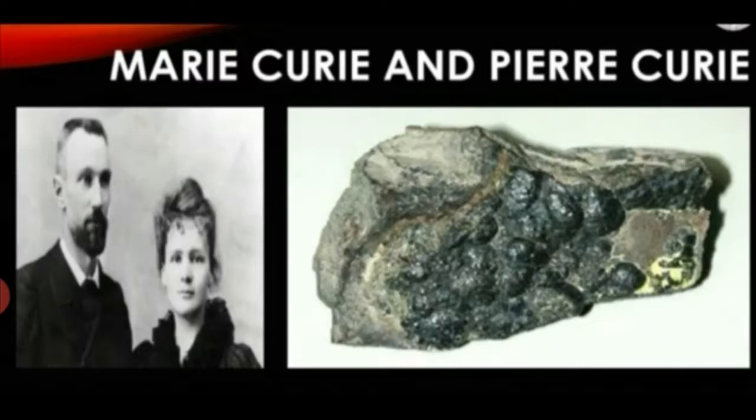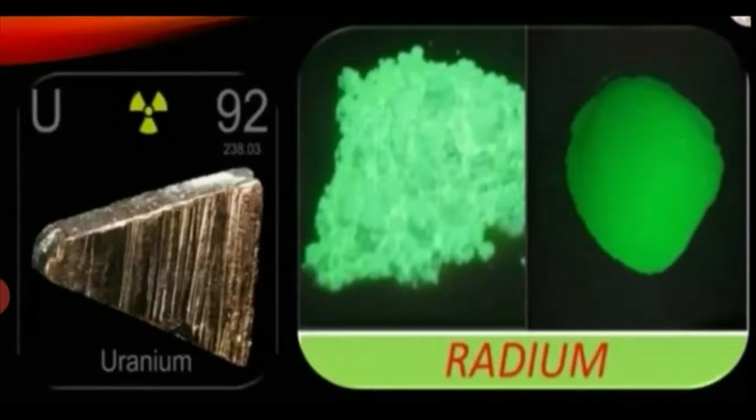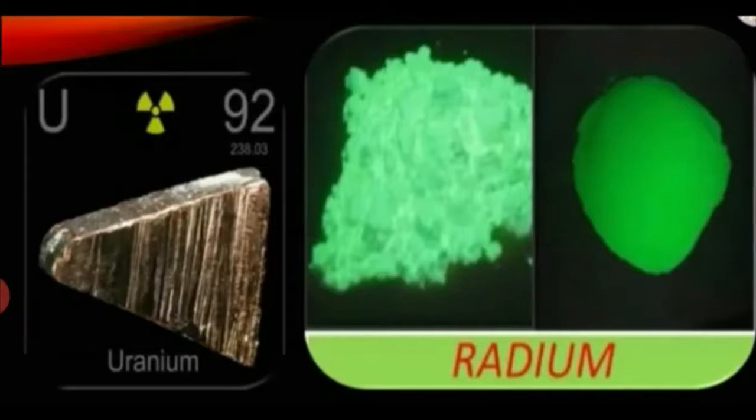Also, it was found that the pitchblende had less concentration of uranium. They concluded that some other substance was present in pitchblende. After separating this new substance, they discovered that it had unknown chemical properties and it also emitted radiations spontaneously like uranium. They named this new substance radium.